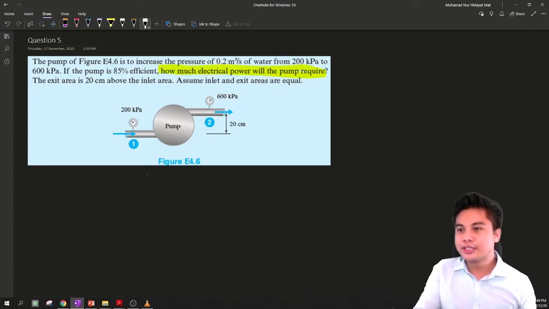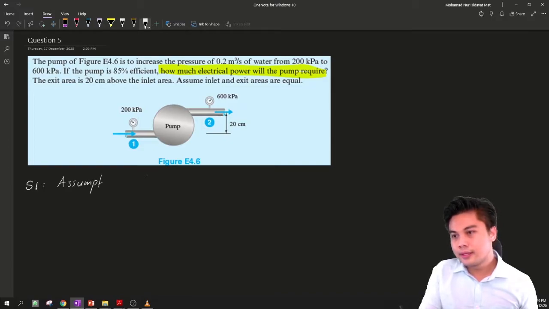So step number 1, assumption, we need to list out all the assumptions. Assumption number 1 here is the density of the fluid here is water, thus it is constant.